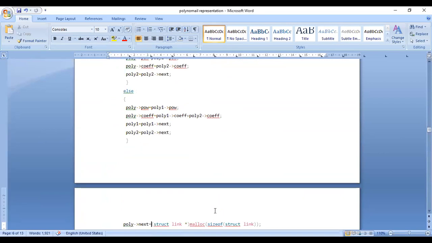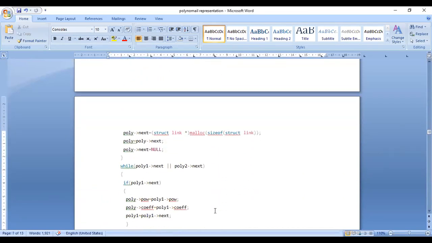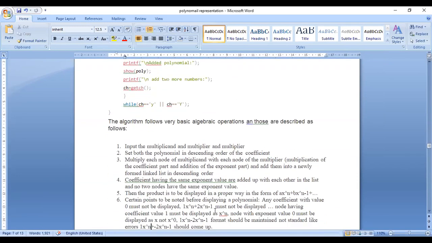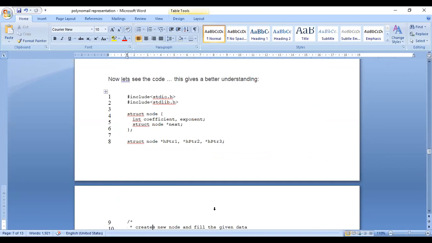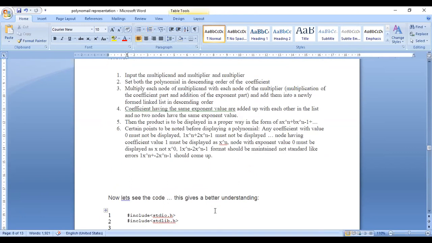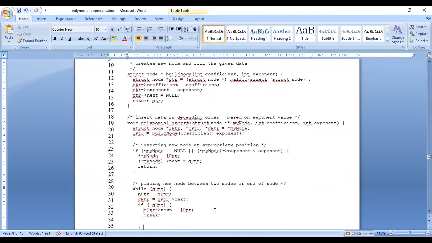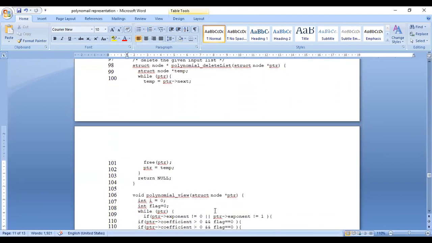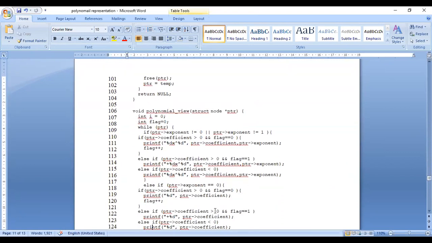So both I am adding. So this is also another representation of the polynomial.